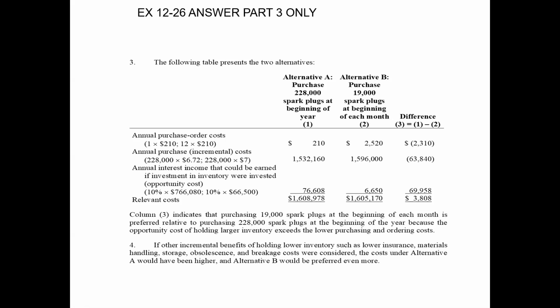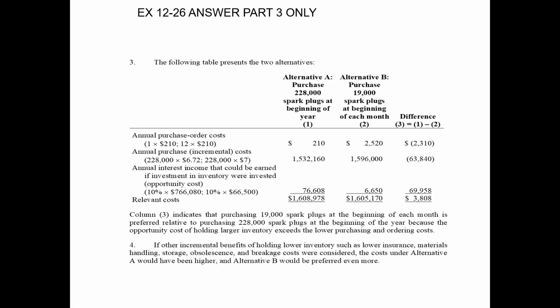Column 2 would be if we buy them 19,000 per month. So we'd have increased purchase order costs, because now it's 12 times 210. Our cost for the spark plugs is at $7. So 7 times 228,000 would be 1,596,000. And the annual interest that could be earned, again, would be 10% of 66,500.